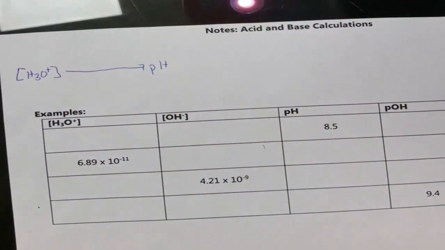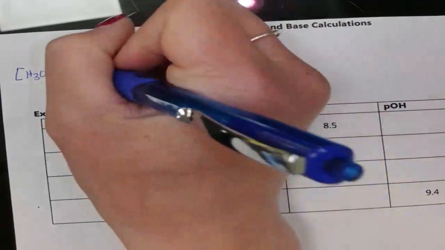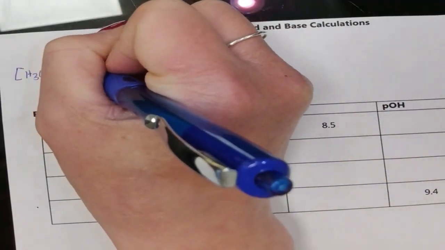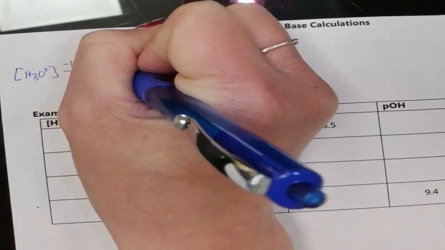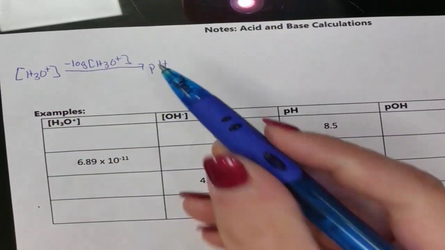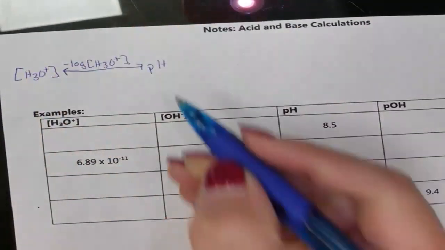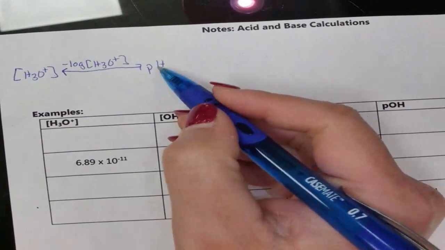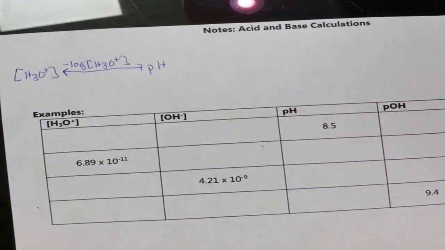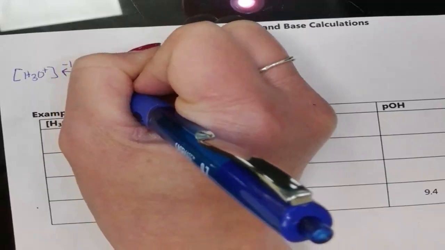If I want to find pH, if I know the concentration of hydronium ions, I'm going to take the negative log of that concentration. Now, I can take pH to find my H3O plus as well. I can go backwards. If I know pH, I can find the concentration of the hydronium ions by doing 10 to the negative pH.